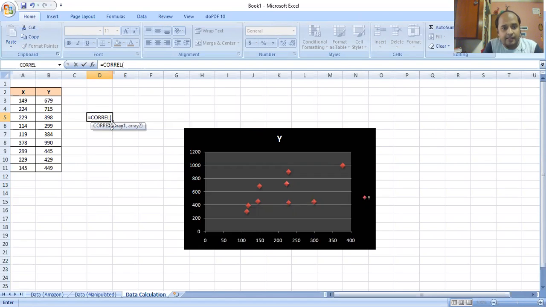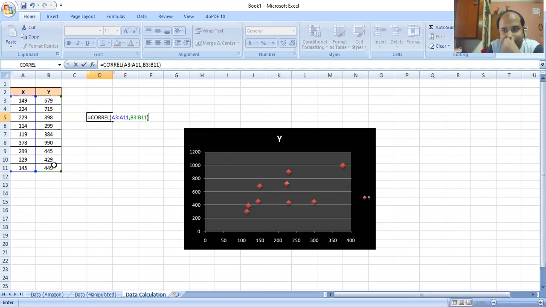And you see, this is coming. After clicking on it, two arrays are there. One is called array 1, another is called array 2. Array 1 stands for capital X, so we can select the values. Array 1 has been selected. Put a comma. Now select array 2. Array 2 has been selected. Array 1 is in blue color, array 2 is in green color.